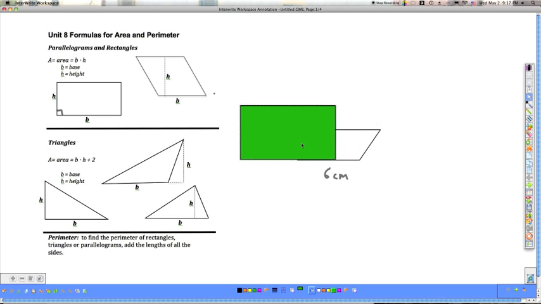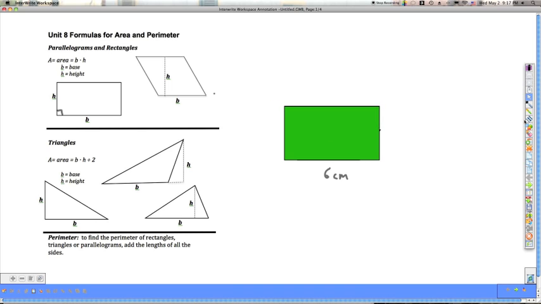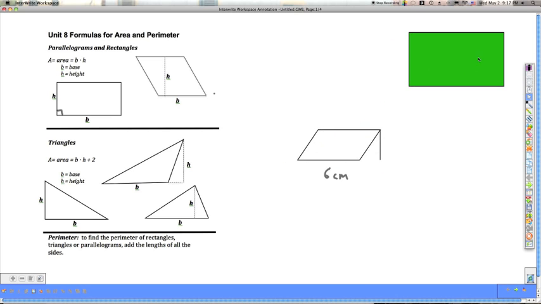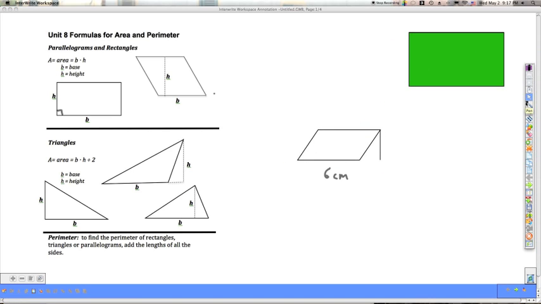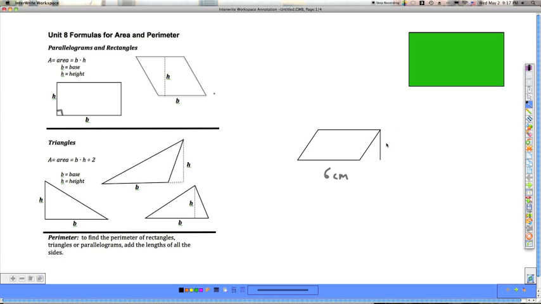So I'm going to line it up with the bottom, slide it across until I get there, then draw my height in along the index card, and now I've got a nice height that I can measure. Take my ruler and measure that. Let's say that comes out to be 3 centimeters. Then I can do base times height. 3 times 6 equals 18 square centimeters.